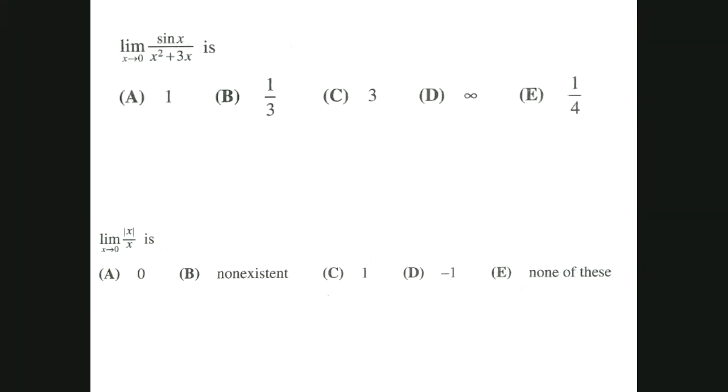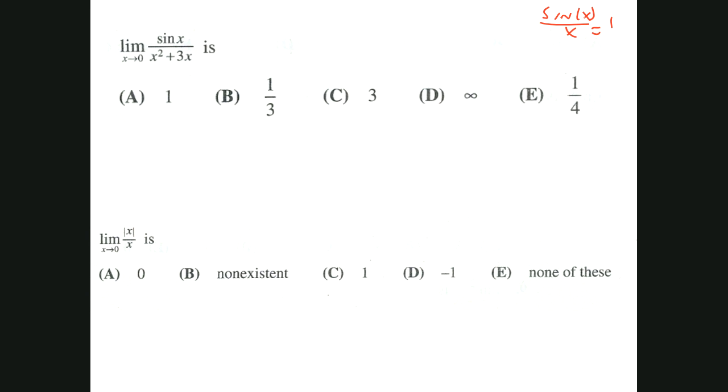Now, these types of problems, like the sine of x over x squared plus 3x, they look really difficult, but what you have to understand is the sine of x over x, as the limit goes to 0, is equal to 1. And the sine of 2x over 2x is equal to 1. The sine of 3x over 3x is equal to 1.